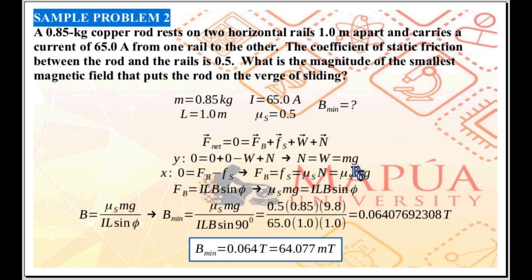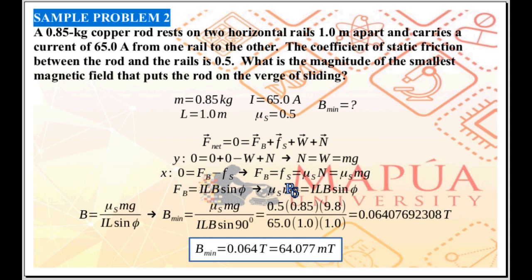N is equal to mg. Whereas the x component tells us that the magnetic force is the one that is opposing the static friction, or it could be the other way around. Magnetic force is applied on the copper rod, which will cause the rod to slide. That will be opposed by static friction. In any case, the x component tells us that the magnetic force is just equal to the static friction magnitude.